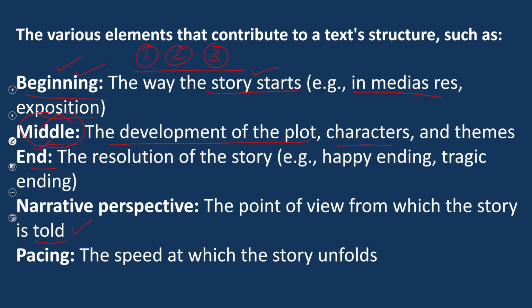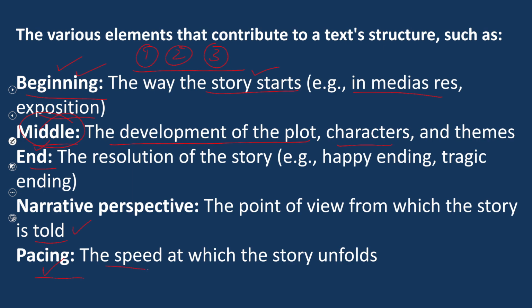If the narrator is all knowing, and if the narrator knows everything about every character's feelings, intentions, and even at the end, then that would be third person omniscient. And if the narrator is only knowing about one or two characters, then we can say that this is third person limited.